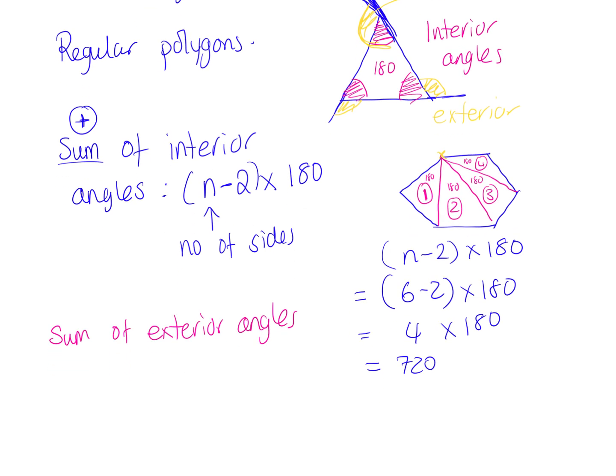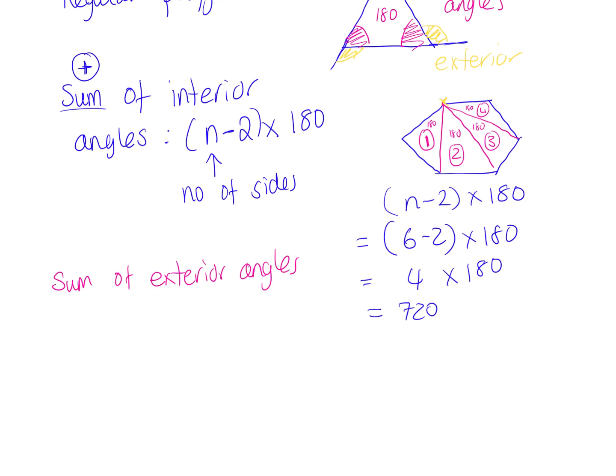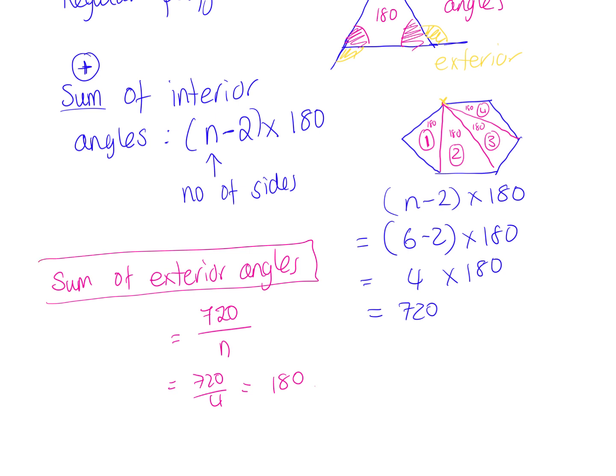They will always be the number that you have on the inside, which is 720, divided by your n, the number of sides. So if I go 720 divided by 4, what would that give me, Holly? 180. Every single time, no matter how many sides I have, the exterior angles add up to 180.